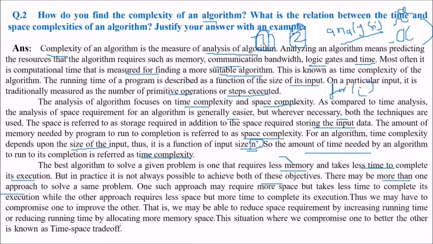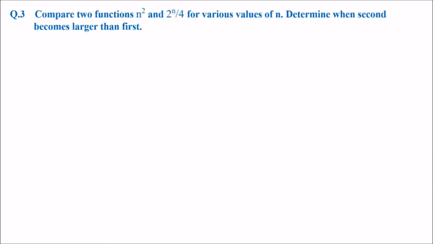So the best is to choose that algorithm where the running time is the least and the space is also the least. But we have to make some trade-off or compromise between the time and space complexity.